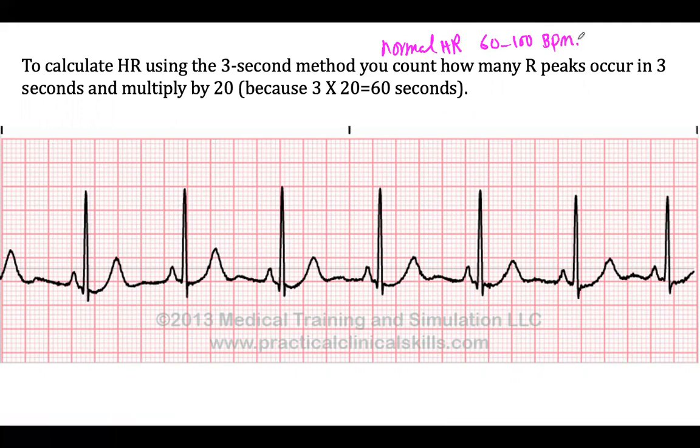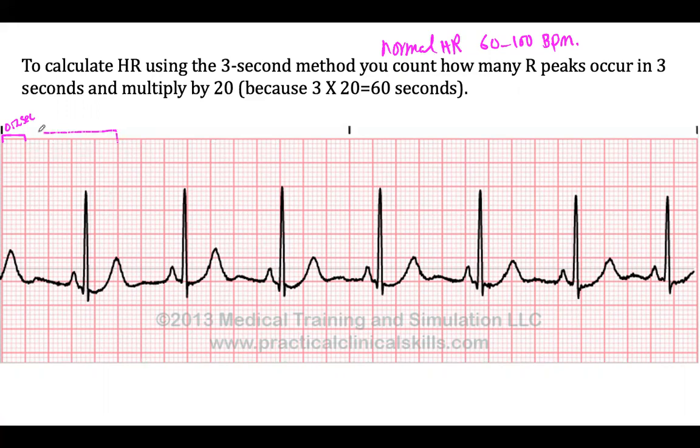So we're going to use the 3-second rule first. If you recall from about 5 minutes ago, we said one of these large boxes by itself is about 0.2 seconds. So if I put 5 of these together, that gives me 1 second. So 1, 2, 3, 4, 5.